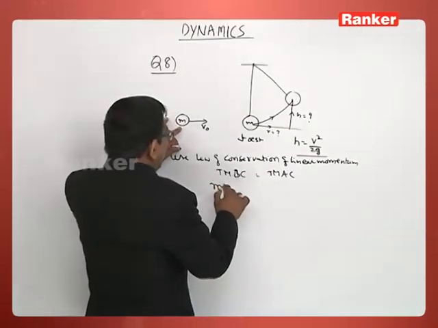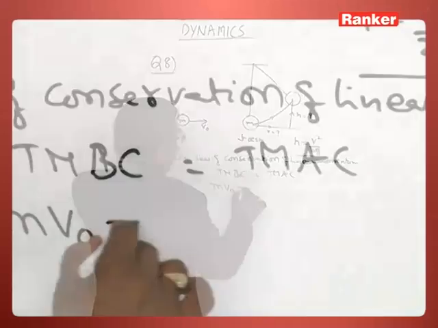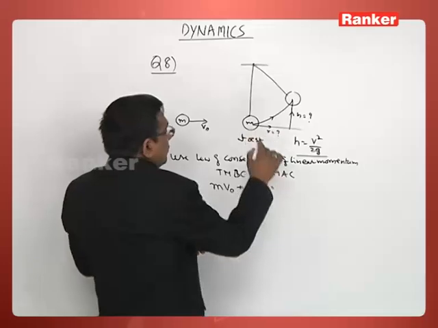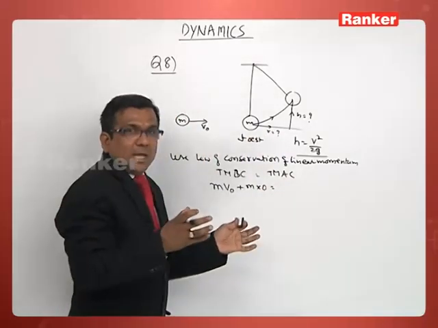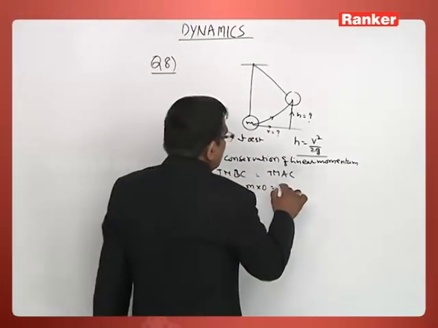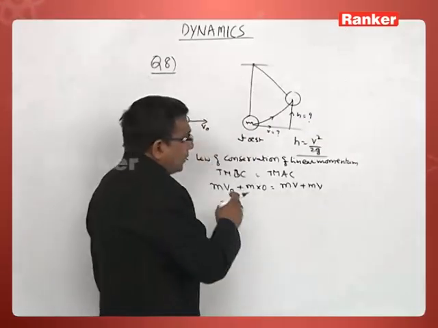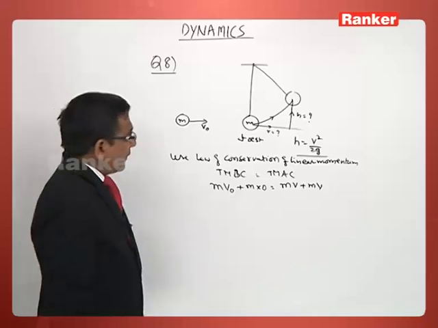Before collision it is moving with a momentum mv0 plus this is at rest. After collision both stick together and move together with some velocity, so mv plus mv.